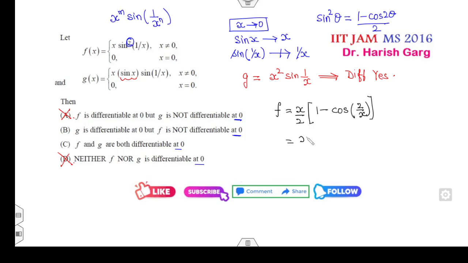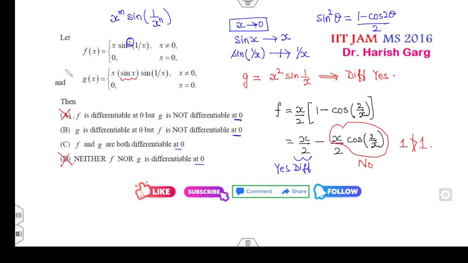If you open this bracket, x over 2 minus x over 2 cos 2 over x. This part is differentiable, yes, because every polynomial is differentiable. Is this part differentiable? No, because 1 is not greater than 1. So f is not differentiable and g is differentiable. B is the right answer of the problem.